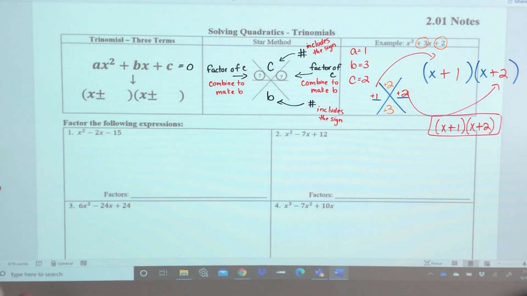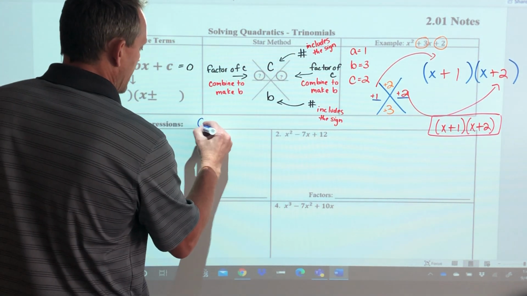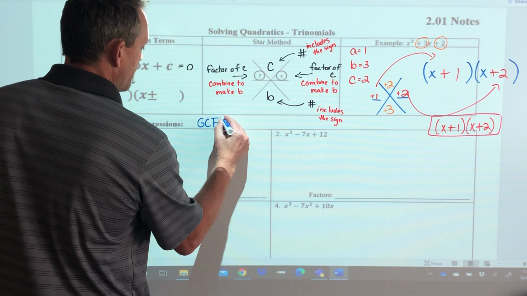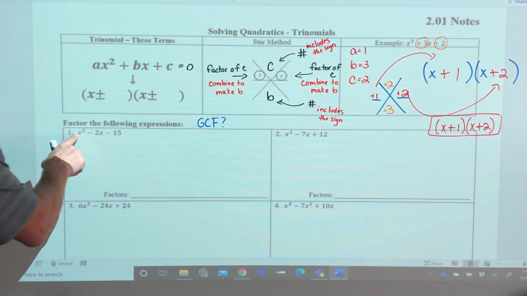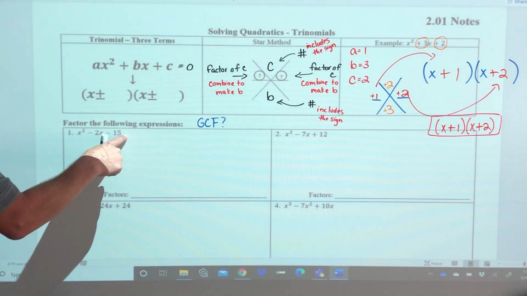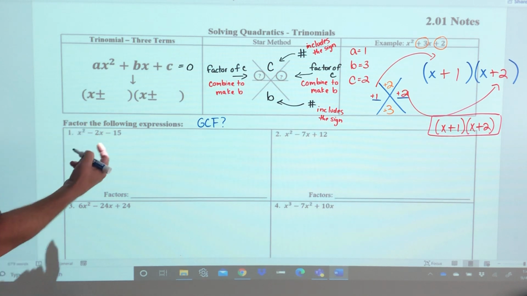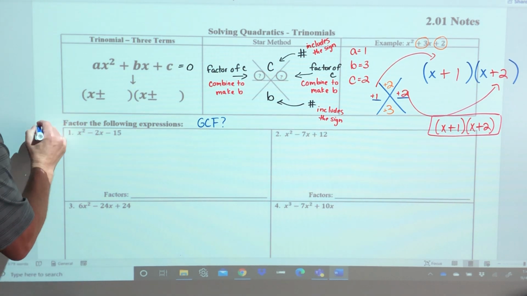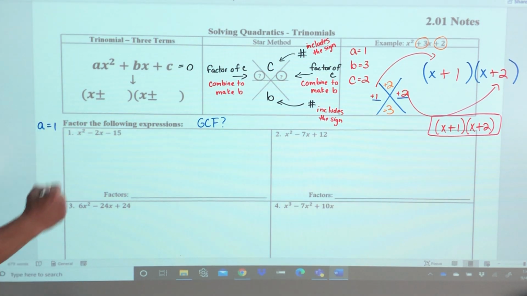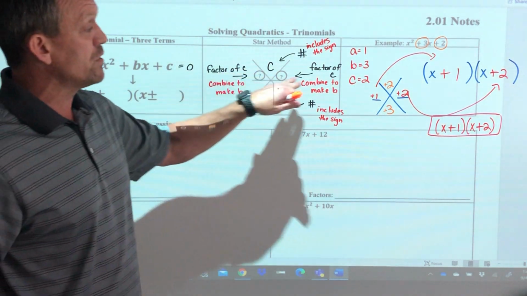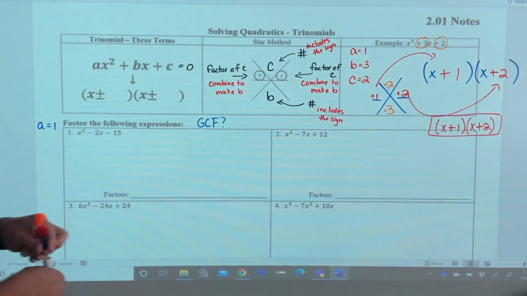So let's just do another one. First things first, you always got to ask yourself GCF, okay? Is there a GCF? No, 2, 15, this is 1 in front of this. There's no GCF. Also, you have to ask yourself, is A equal to 1? If A is equal to 1, you can just simply repeat this method.